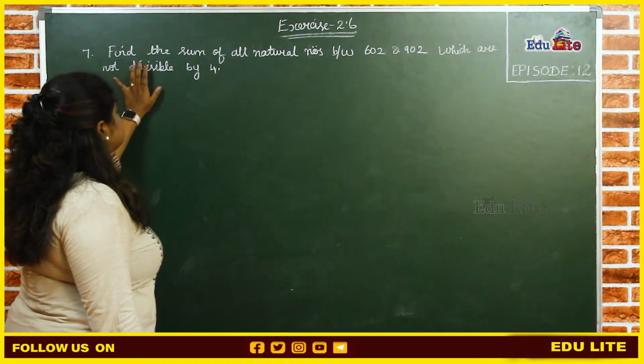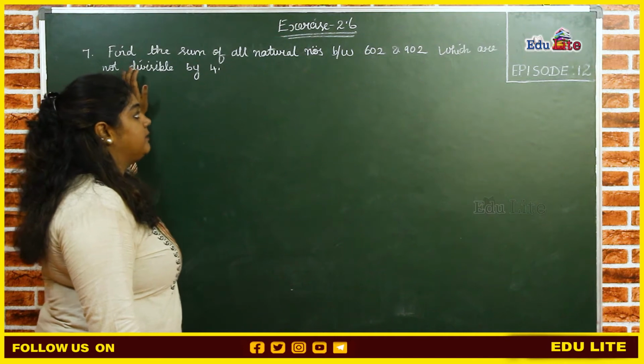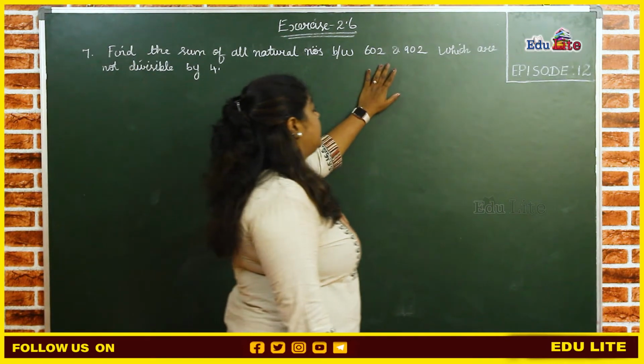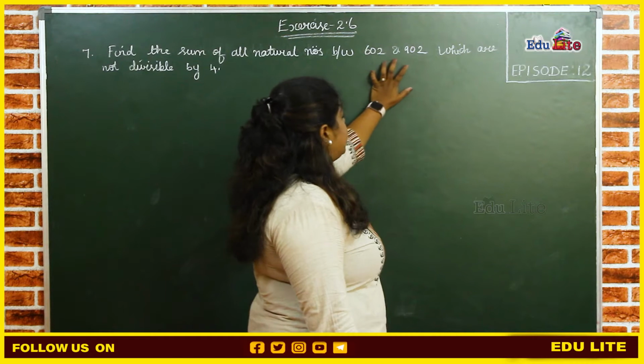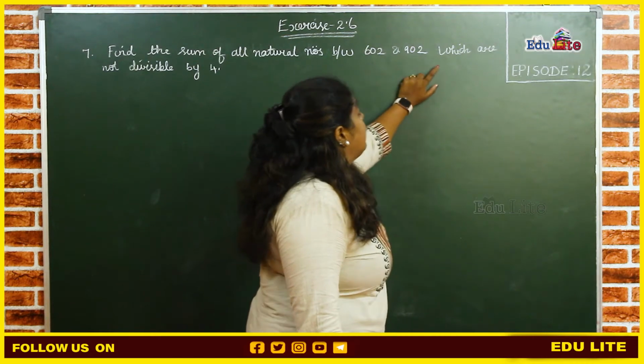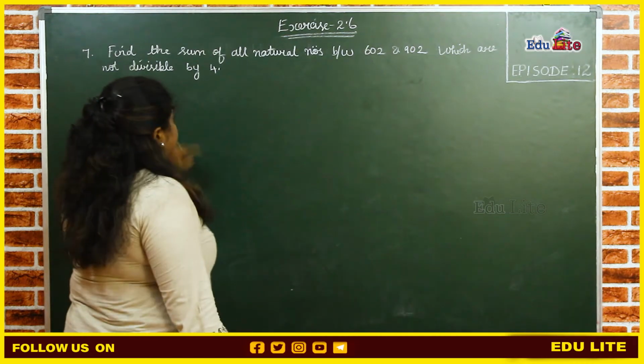The next problem is, we have to find the sum of all natural numbers between 602 and 902, where 602 and 902 are not included, which are not divisible by 4.